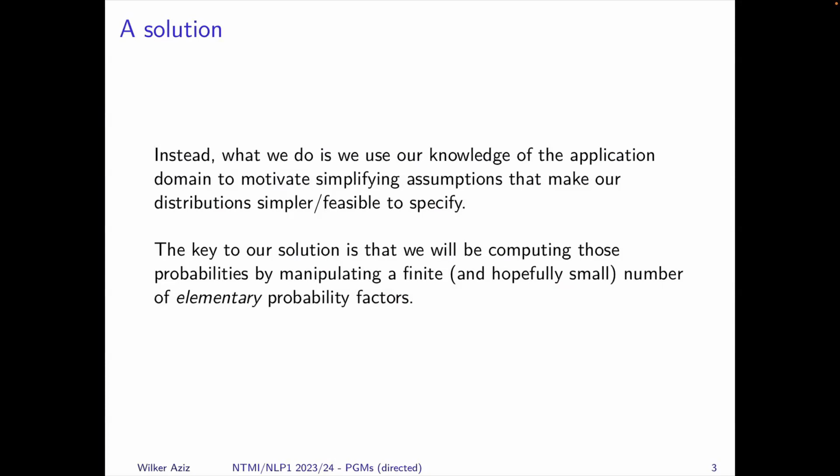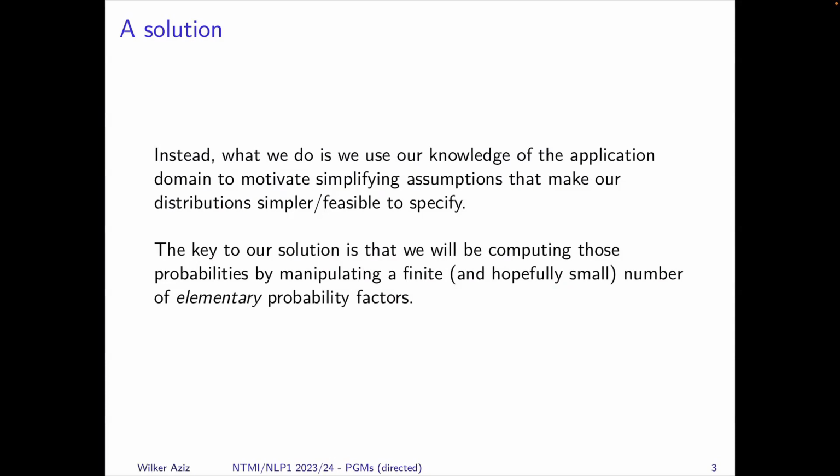And these assumptions will make our distribution simpler, or at least it's going to be more feasible to specify them. The key to the whole thing is that we'll be computing the probabilities of the objects we care about by essentially manipulating a finite and hopefully small, if possible, number of elementary probability factors.